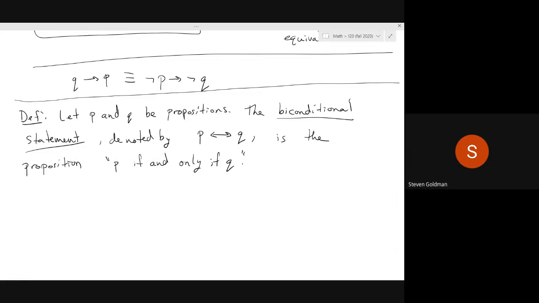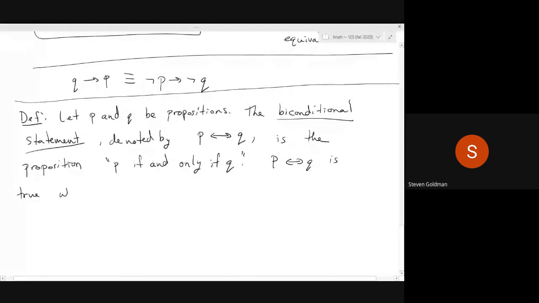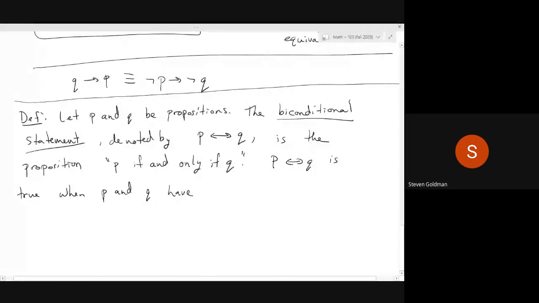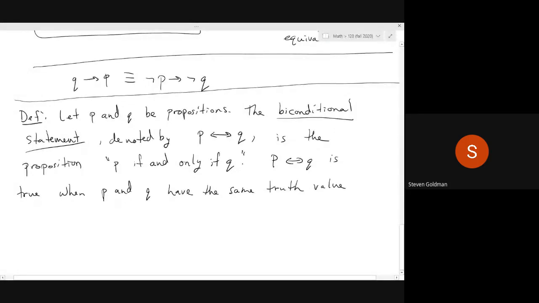Biconditional statements are true when P and Q have the same truth value, and they're false otherwise. So P if and only if Q is true when P and Q have the same truth values, and is false otherwise.